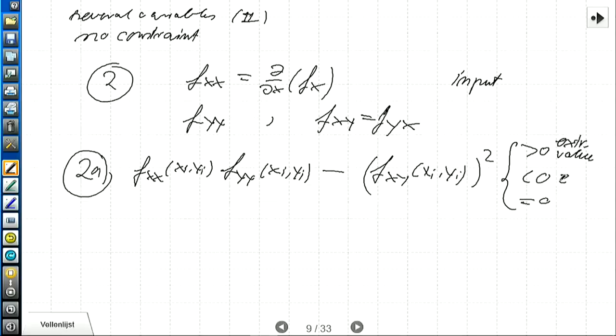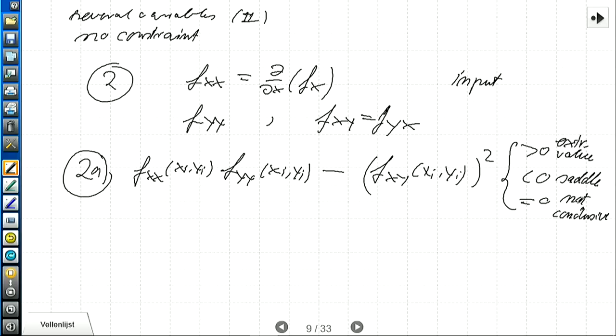We just don't know at the moment. If it's negative, it's a saddle point, or not conclusive. Those were the three cases.